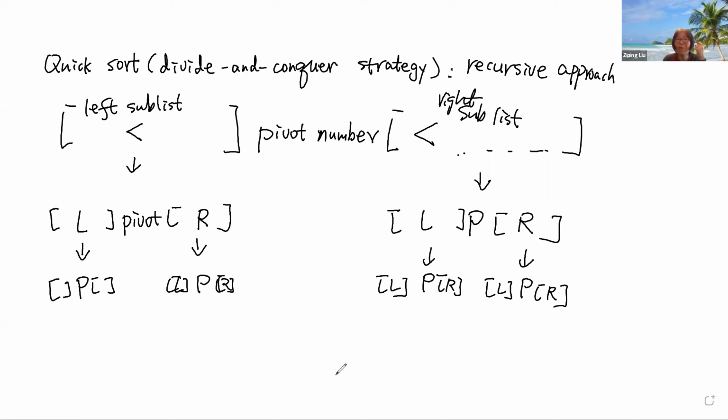Then just think about the case. We keep dividing, each time by 2, into a left sublist and a right sublist.